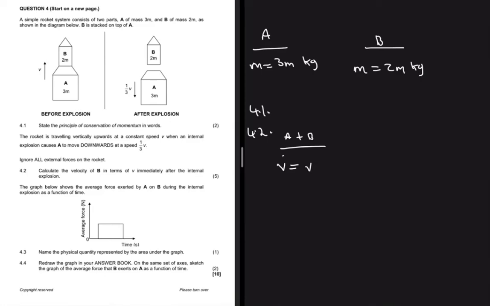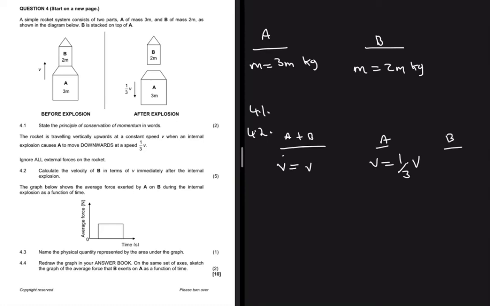When an internal explosion causes A to move downwards at a speed of 1 divided by 3v. So there's an internal explosion, and now A is moving downwards at 1 divided by 3v, right? And then for B, we don't know what is going on.